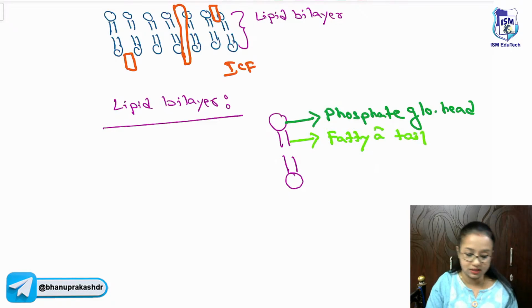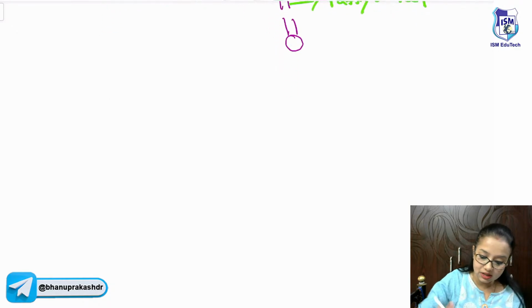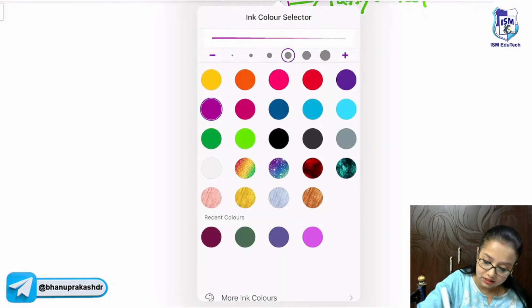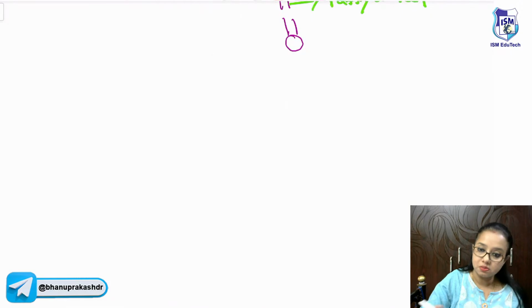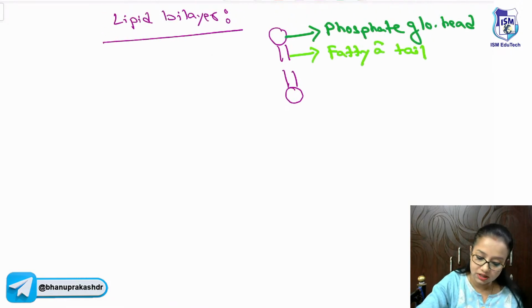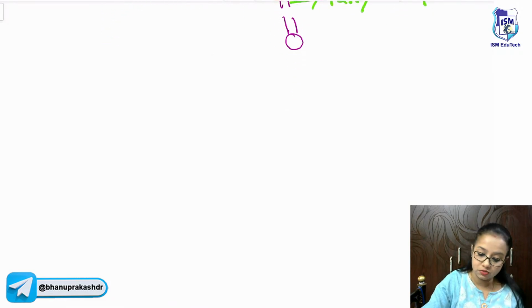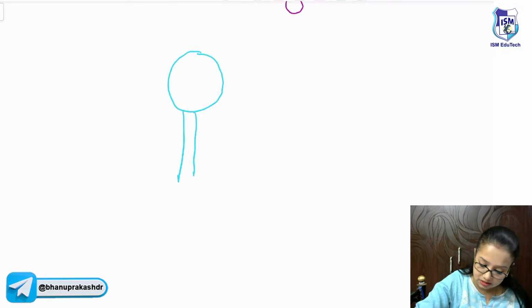Okay, fatty acid tail. Now, chemically, if we study this bilayer further and take out one of these phospholipids, it looks something like this.